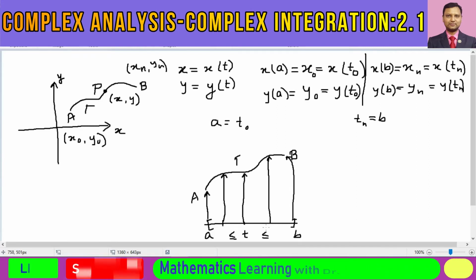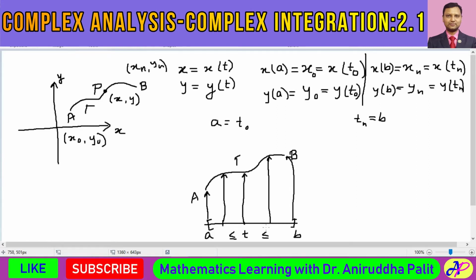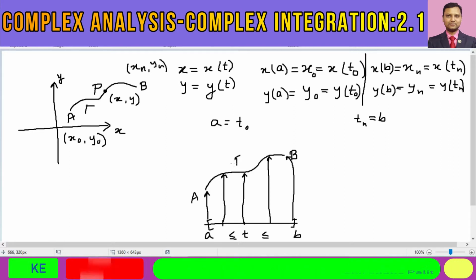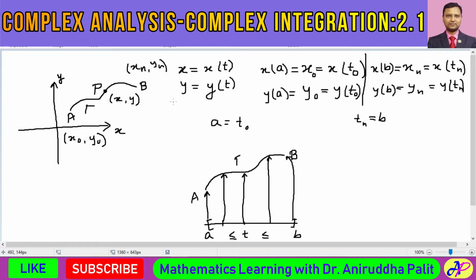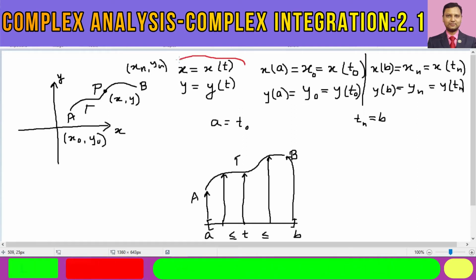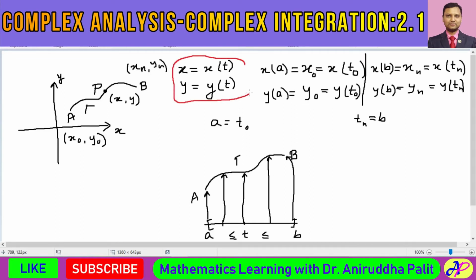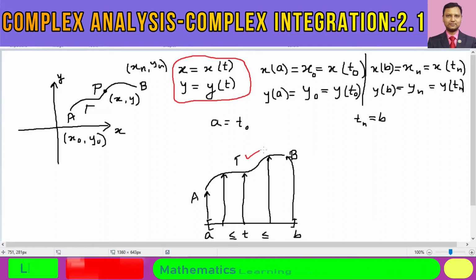All right. So this representation is called the parametric representation of this curve gamma: x is equal to x of t, y is equal to y of t.